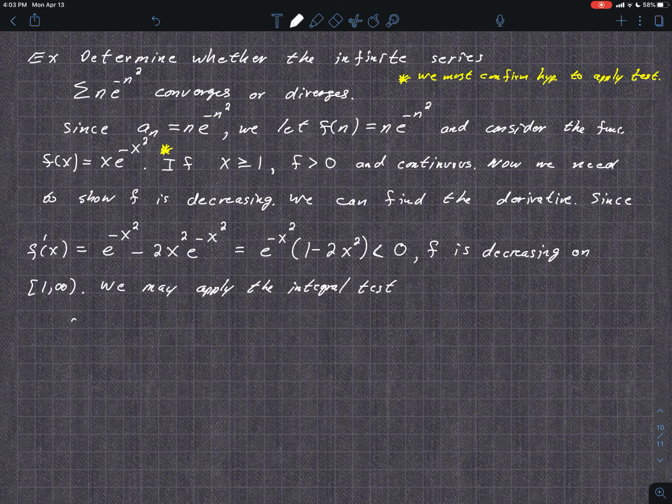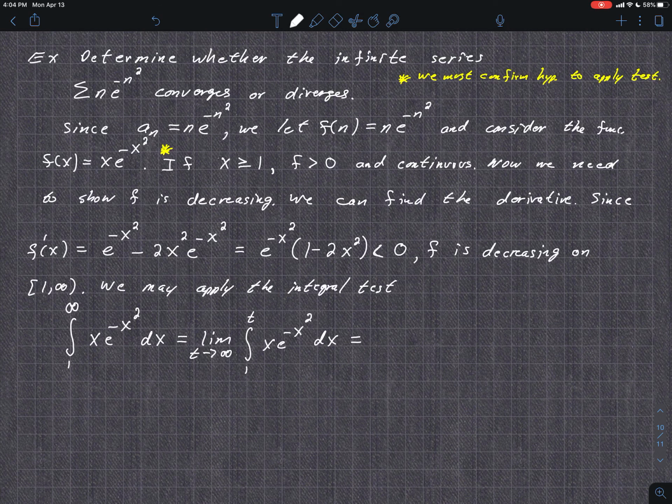And so you need to take the improper integral from 1 to infinity of x e to the negative x squared dx, which is equal to the limit as t approaches infinity of the integral from 1 to t of x e to the negative x squared dx.